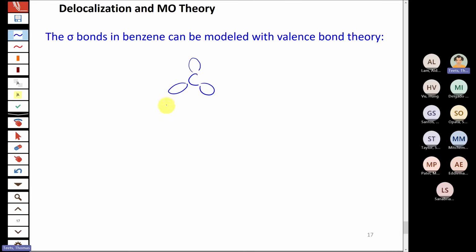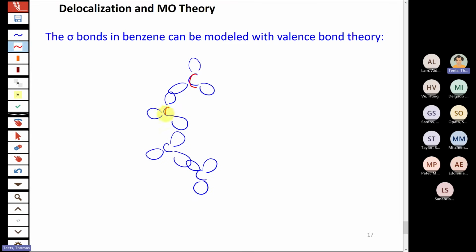And this is the diagram I have to draw that really tests my limited artistic ability. So I'm probably going to screw this up a few times. So each carbon atom is sp2 hybridized. There's one there. There's one. I'll put the carbon atoms in red maybe to help see this.